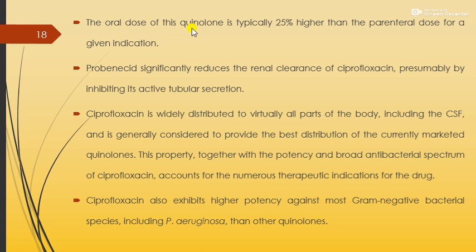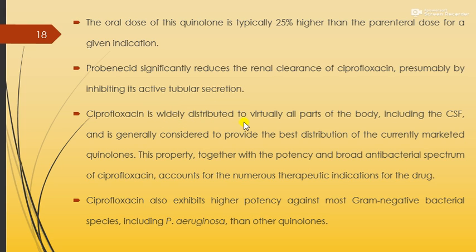The oral dose of this quinolone is typically 25% higher than the parenteral dose for the given indication. Probenecid significantly reduces the renal clearance of ciprofloxacin, presumably by inhibiting active tubular secretion.